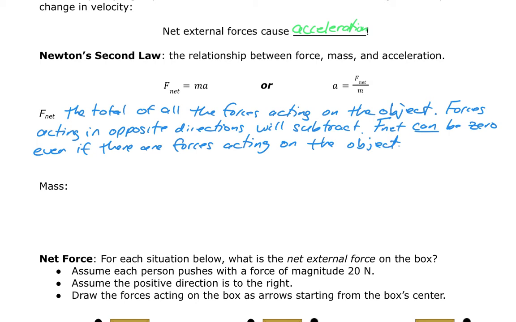Okay. Just means that the forces all added up to zero. So for instance, you can take a look at something sitting on the table right now. Maybe you have a book sitting on your table. There are definitely forces acting on that book. They just happen to add up to zero, so the object is not accelerating.